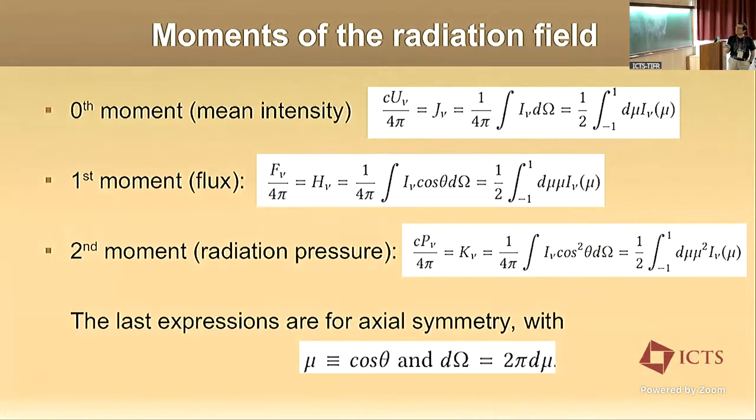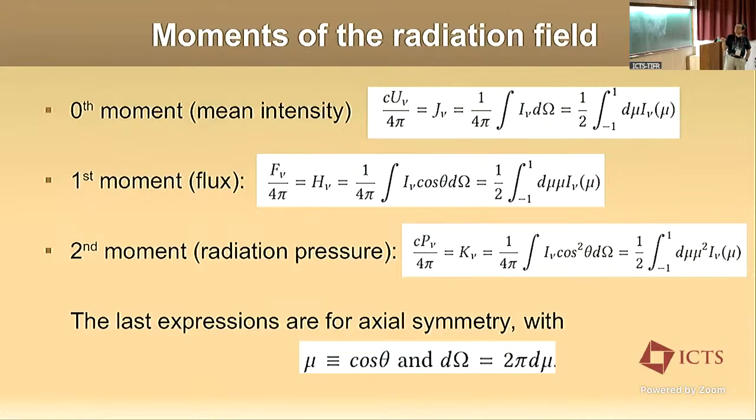So there is another set of quantities that are useful in certain contexts, and we'll come back to them in a little bit. These are the so-called moments of the radiation field. The zeroth moment is just the mean intensity.